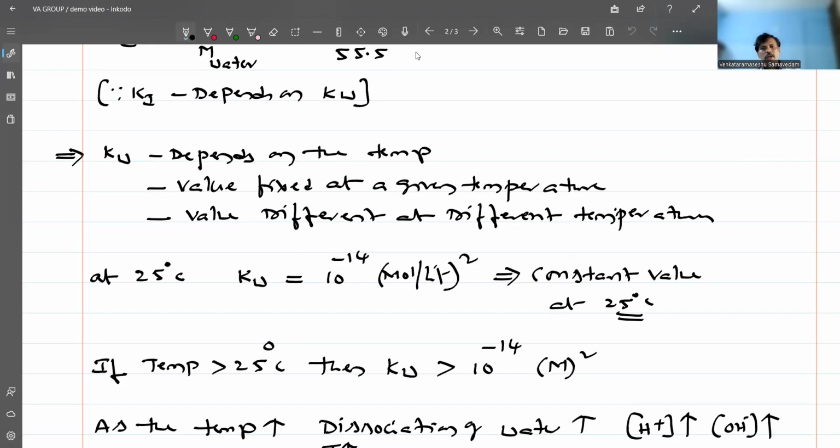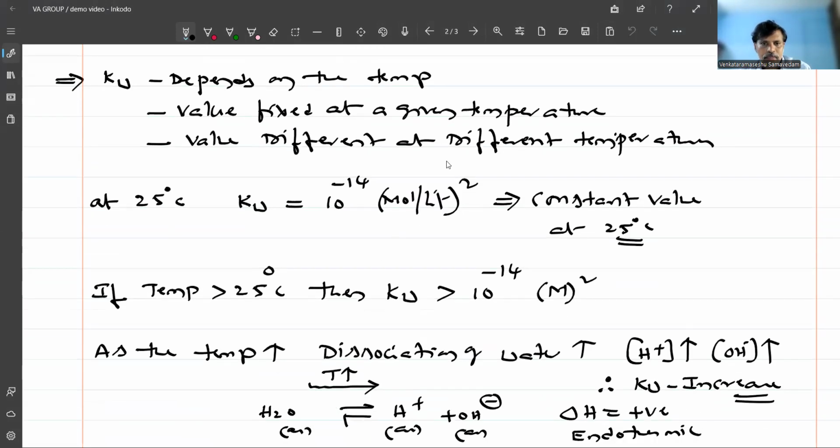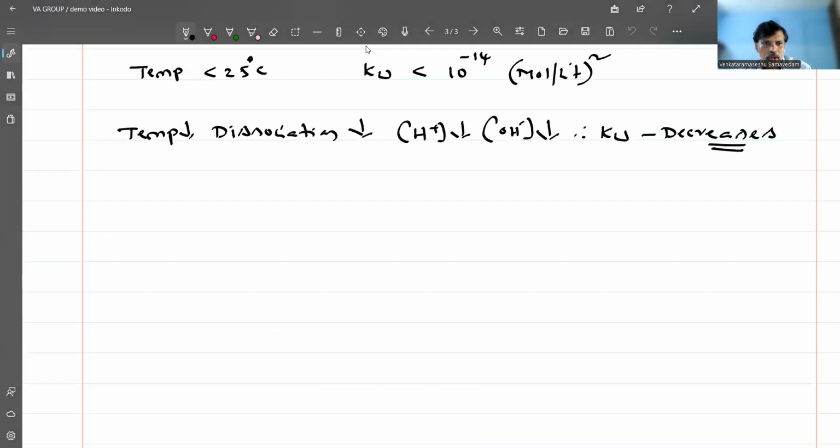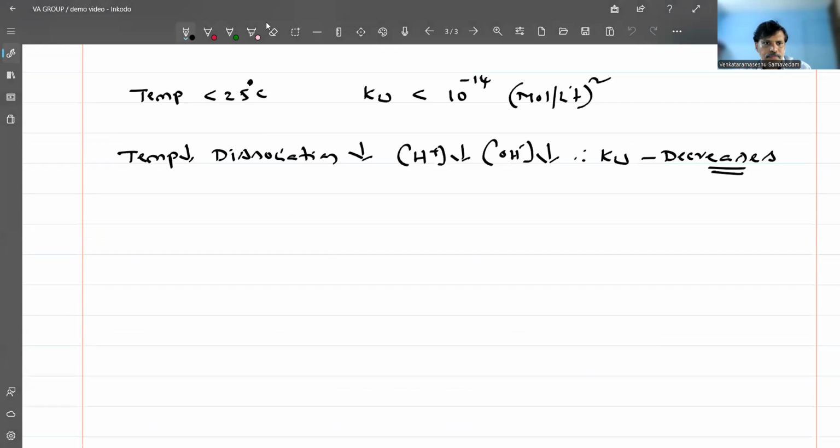When dissociation of water increases, automatically H plus ions concentration and OH minus ions concentration increase. When they increase, Kw value increases. Now you see, as the temperature decreases, less than 25 degrees centigrade, automatically Kw is less than 10 to the power of minus 14.